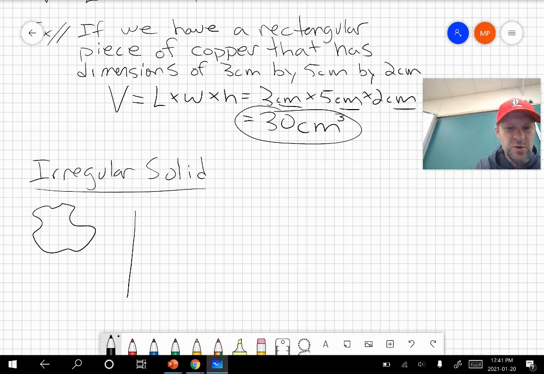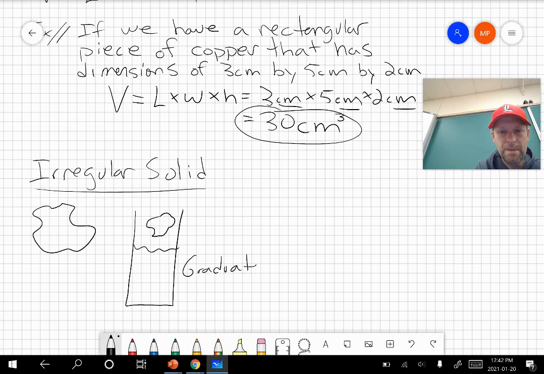So what you do is you drop your irregular solid, I'm just drawing it again, but smaller, into a liquid in a vessel called a graduated cylinder. Graduated cylinder has little markings on it to measure the volume.